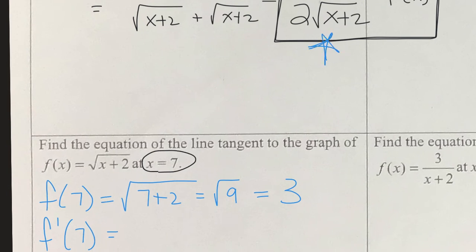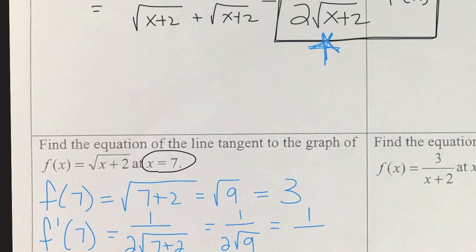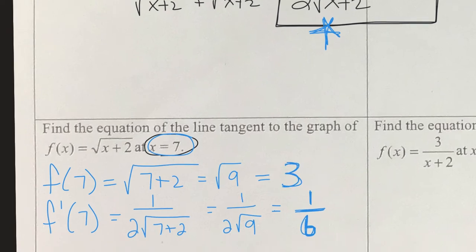So I'm going to use the formula that I just got done calculating. 1 over 2 times the square root of 7 plus 2 is 1 over 2 times the square root of 9, which hopefully you know is 3. And 1 over 2 times 3 is 1 over 6. So I have an x value of 7, a y value of 3, and a slope of 1/6.